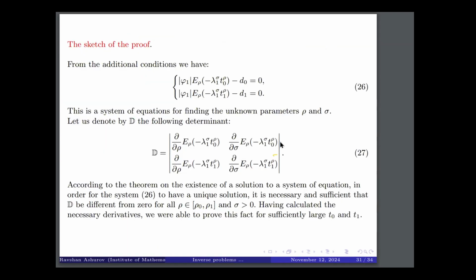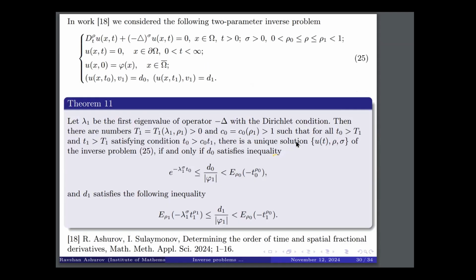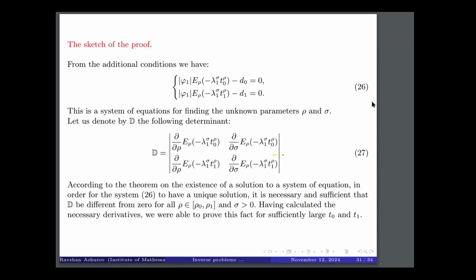And how do we prove this theorem? These two overdetermination conditions can be written in the form of 26. So D0 and D1 are given numbers, and sigma and rho are unknowns. So you have a system of two equations with two unknowns, and now you should show that this determinant is non-zero.